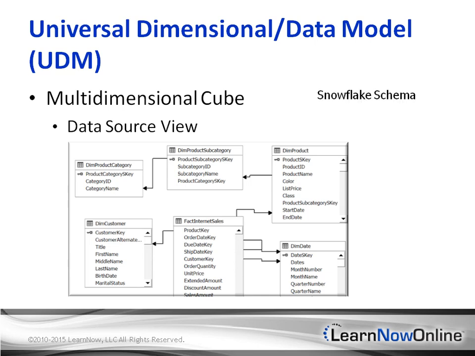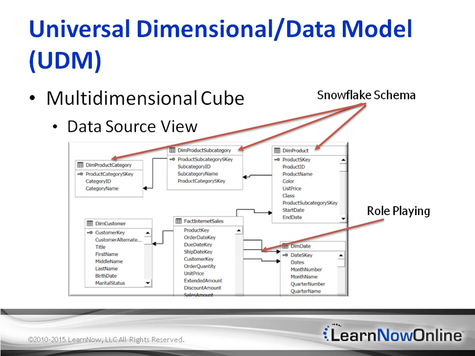Here, you can see a snowflake schema for the product, category, and subcategory tables, while the date dimension is being used as a role-playing dimension because it has the relationships to the fact table through the order, due, and ship dates.